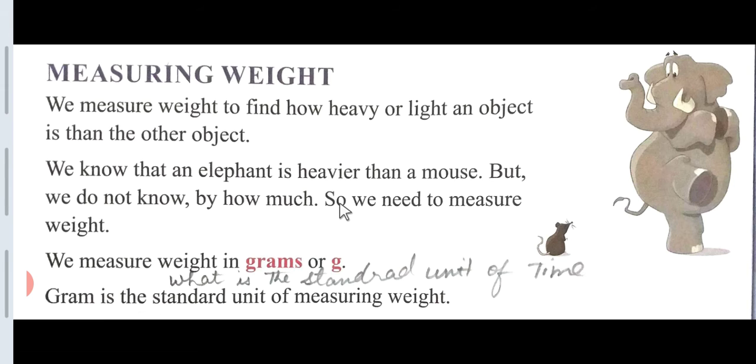So, we have started chapter 9, measurement. As previously I have taught you, what is measurement, what is measuring length, and what is the standard unit of length, and what is used to measure it: meters and centimeters. I have already told you, and today we will start with measuring weight.